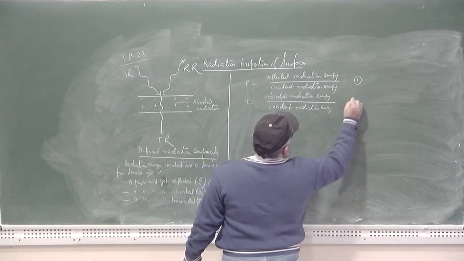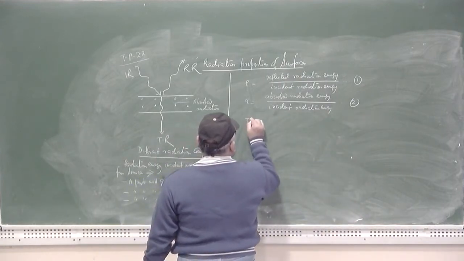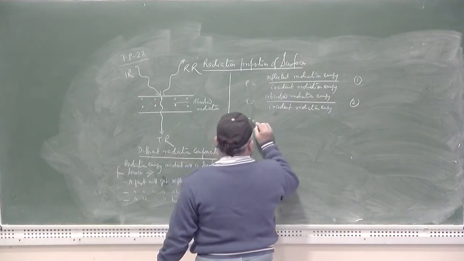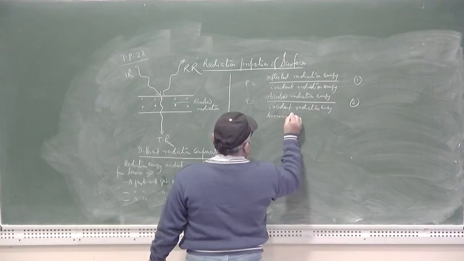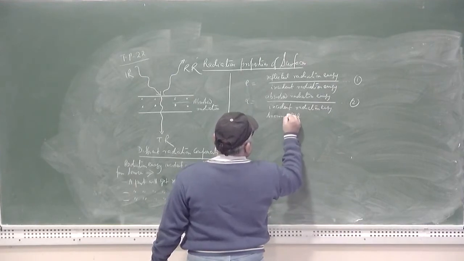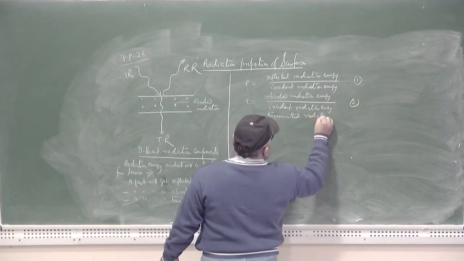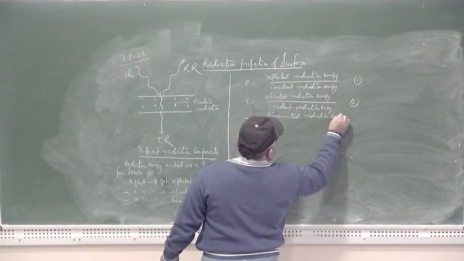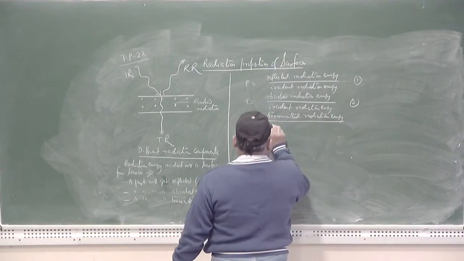Let it be represented as equation number 2, and the transmittivity, that is called tau, is defined as transmitted radiation energy divided by incident radiation energy.